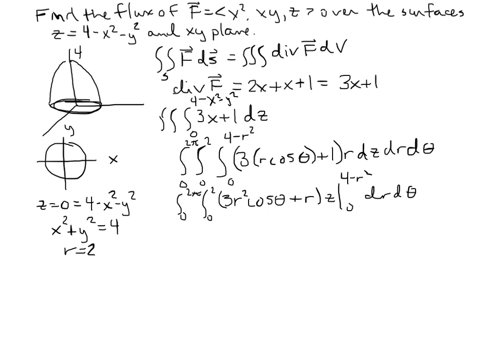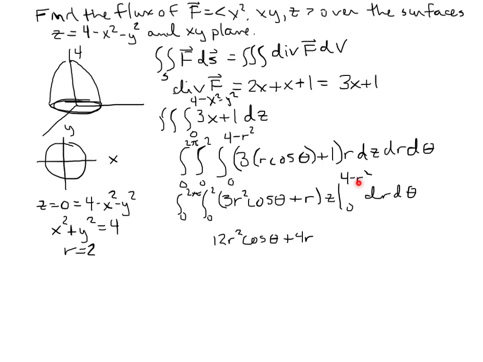So now plug in 4 minus r squared for z. I'm going to have to FOIL this whole term, and for space I'm going to do that right now. So I'm going to have 4 times 3r cosine theta. That's going to be 12r squared cosine theta plus 4r, so that's multiplying 4 by each one of those terms when I plug it in for z.